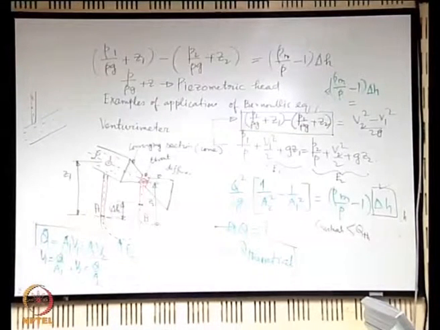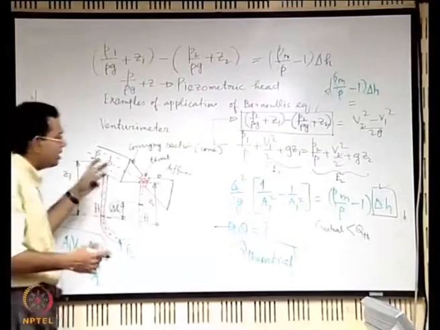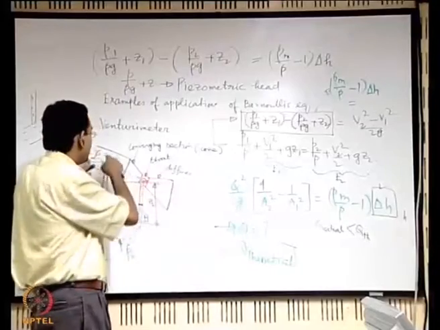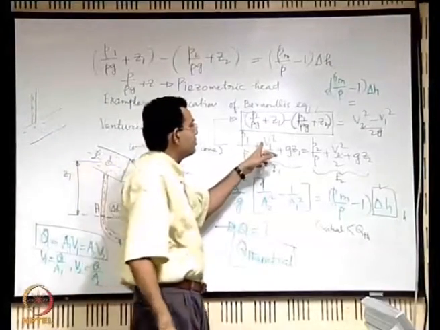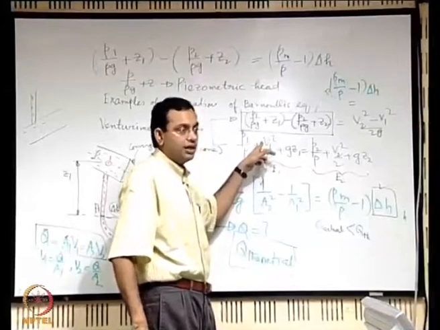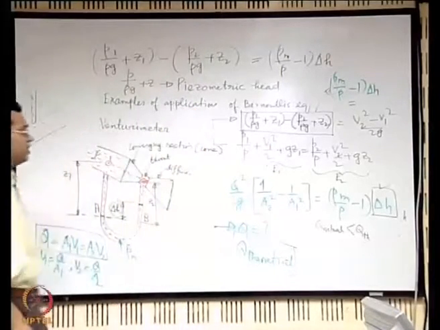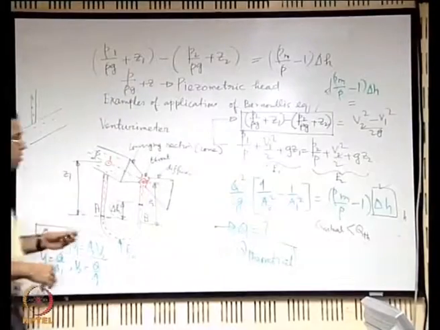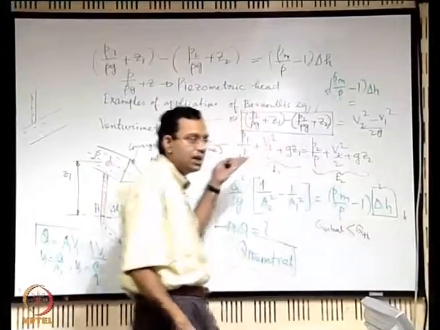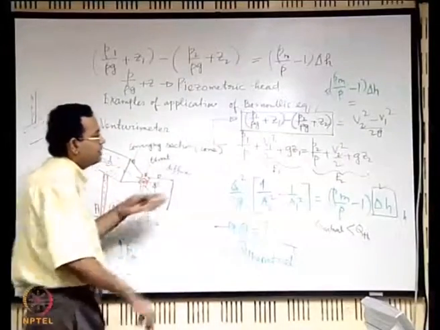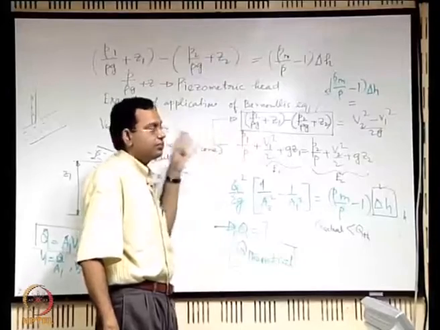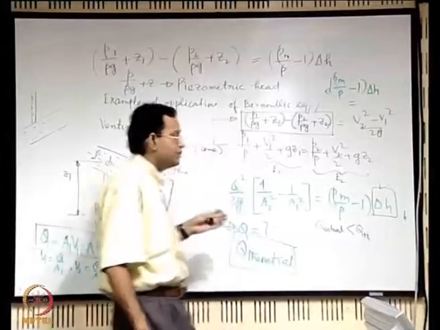So, there is a non-ideality because of viscous effects, not only in terms of the frictional resistance, but also in terms of putting the V square by 2 term. So, there is also some error in that. So, these two errors are very significant. One error is the frictional resistance, another error is miscalculating or misinterpreting the velocity expression.